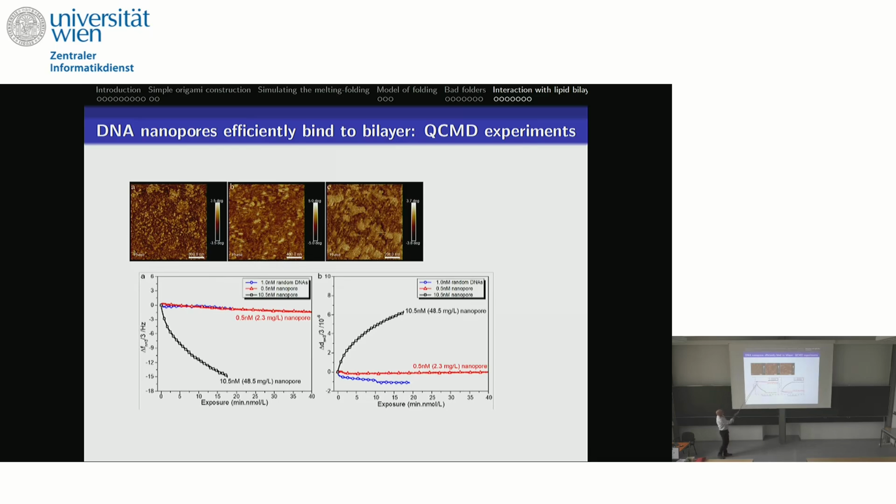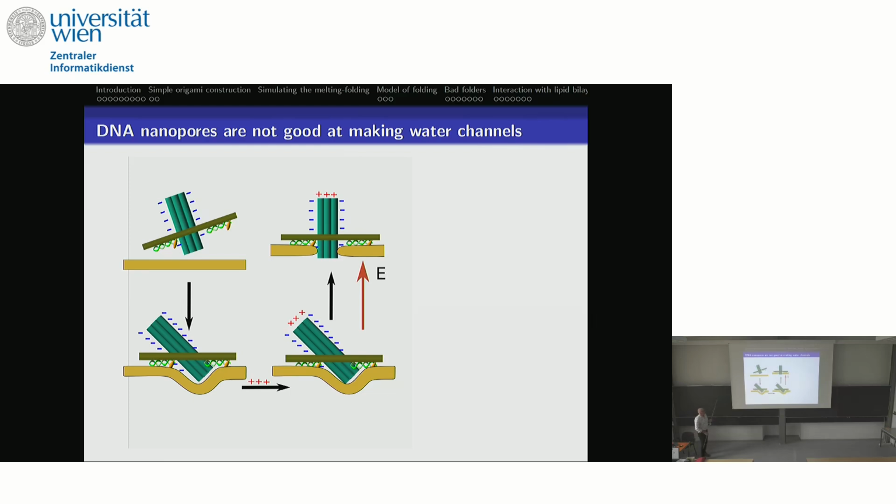And when you try to make AFM images, which is quite difficult because the bilayer is quite floppy, you can still see patches which look like the DNA origamis. So the conclusion is that these structures bind efficiently to the bilayer, but they are not able to make water channels.